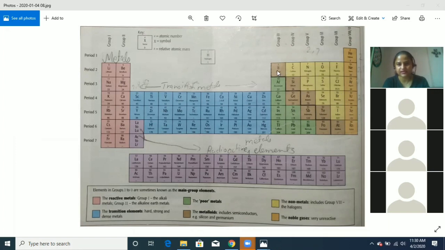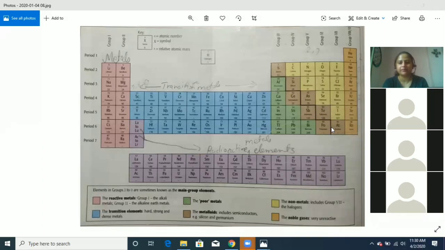But you can see this brown box: boron, silicon, germanium, arsenic, Sb, Te, Po, At. These elements are neither metal nor non-metal.